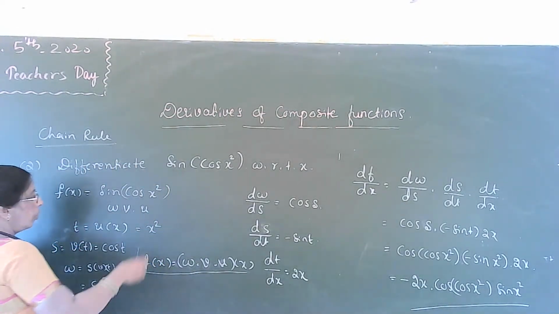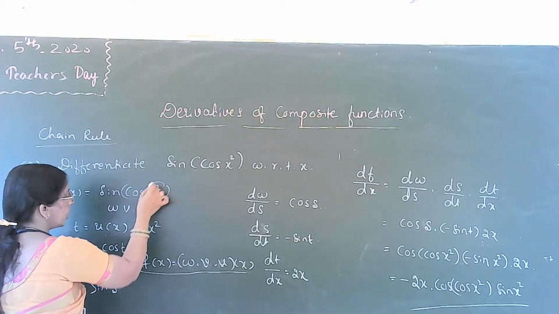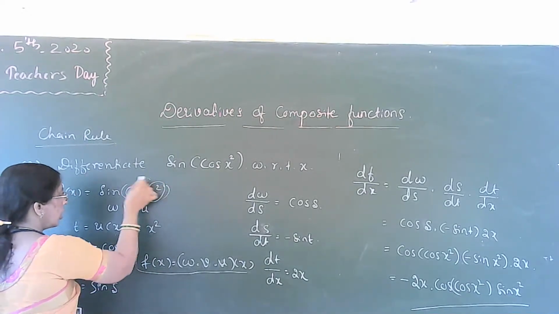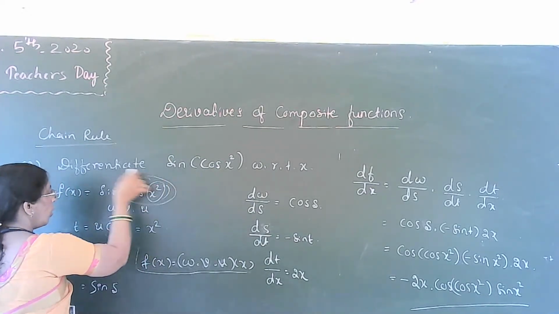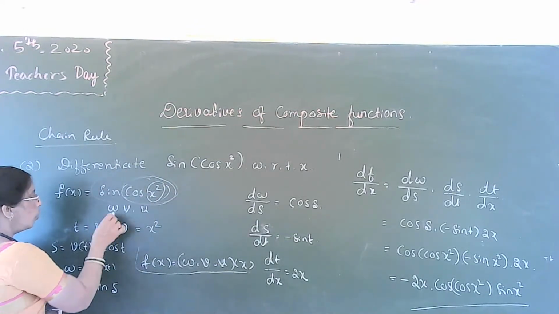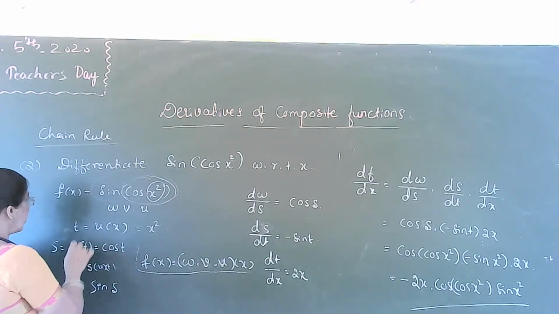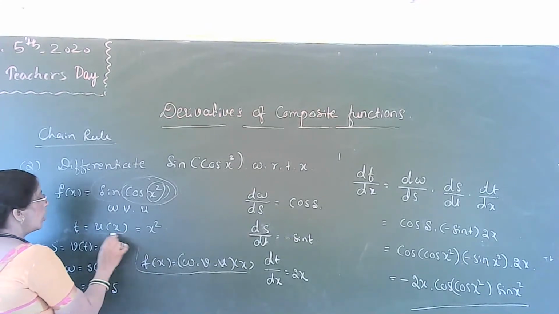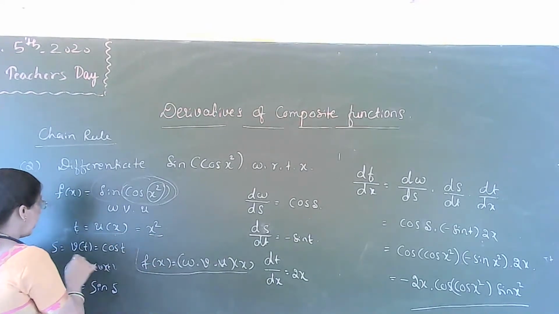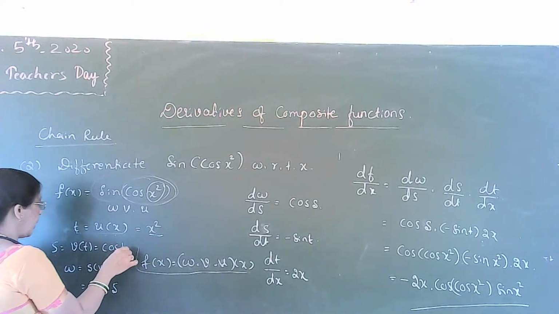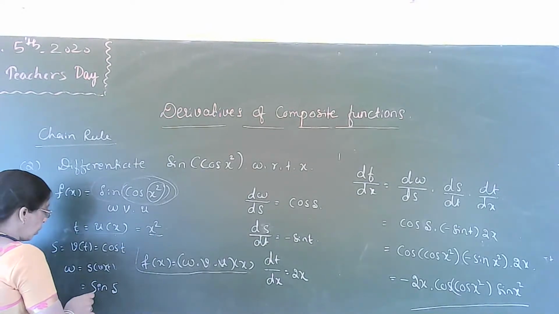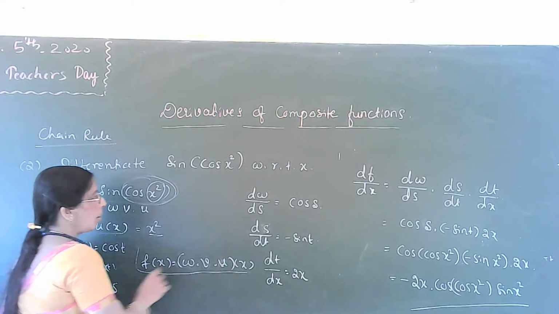First you take the u of x as this function, then it's v, then the last one is w. We take t is equal to x square, u of x is equal to x square and s is equal to cos of t, then w is equal to sin of s.